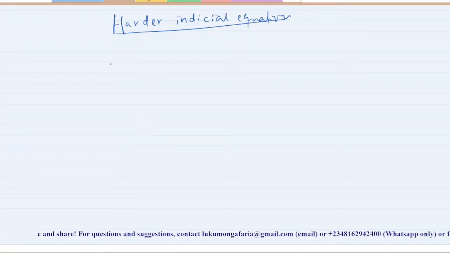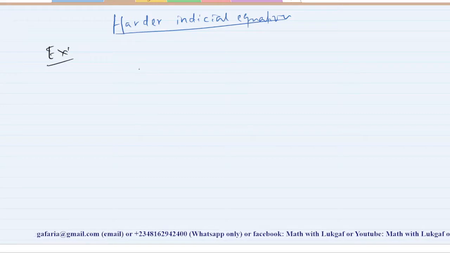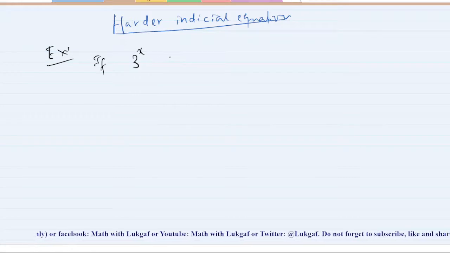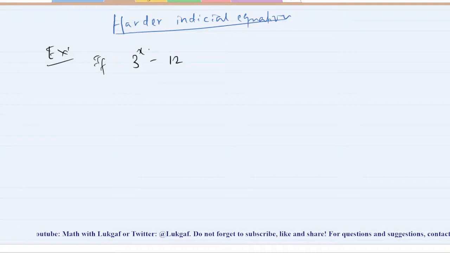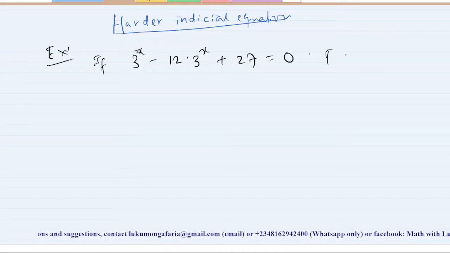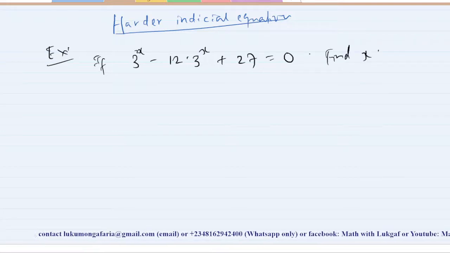Let's say I have this type of question. Example: if 3 raised to power 2x minus 12 multiplied by 3 raised to power x plus 27 is equal to 0, find x.